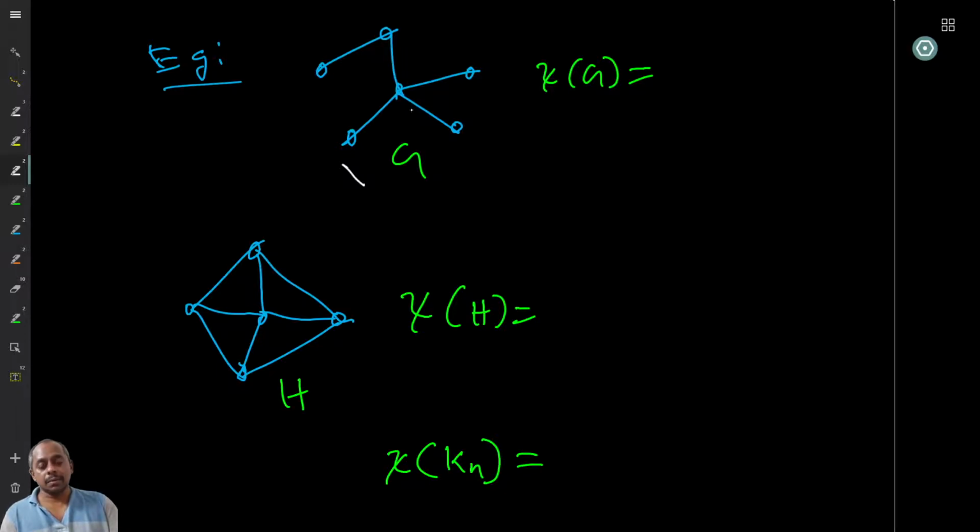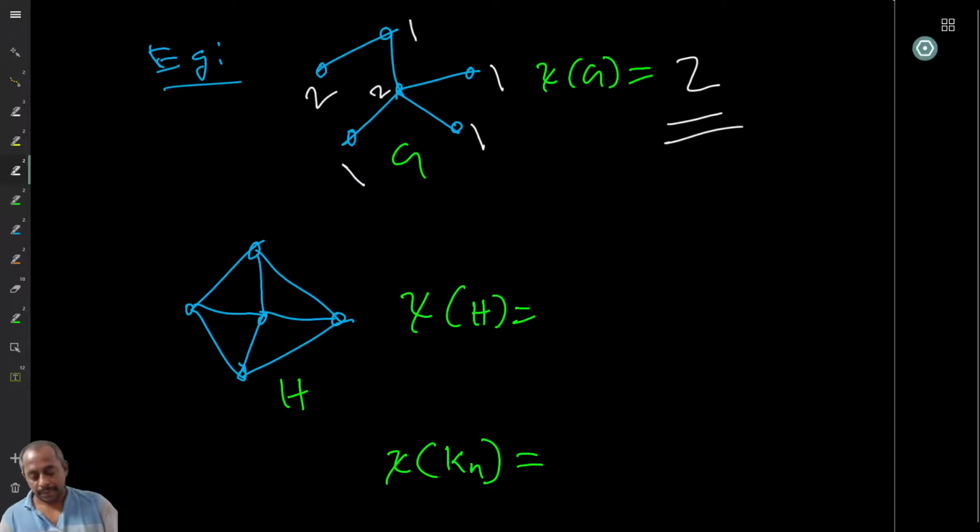This is going to get color 2 because I cannot give the same color. But now I see that the neighbors of these 2 can all be given color 1 because there is no edge connecting them. Now I can give color 2 to here, and therefore I get a 2-coloring. Because 2 is necessary, we see that the chromatic number of the graph is equal to 2.